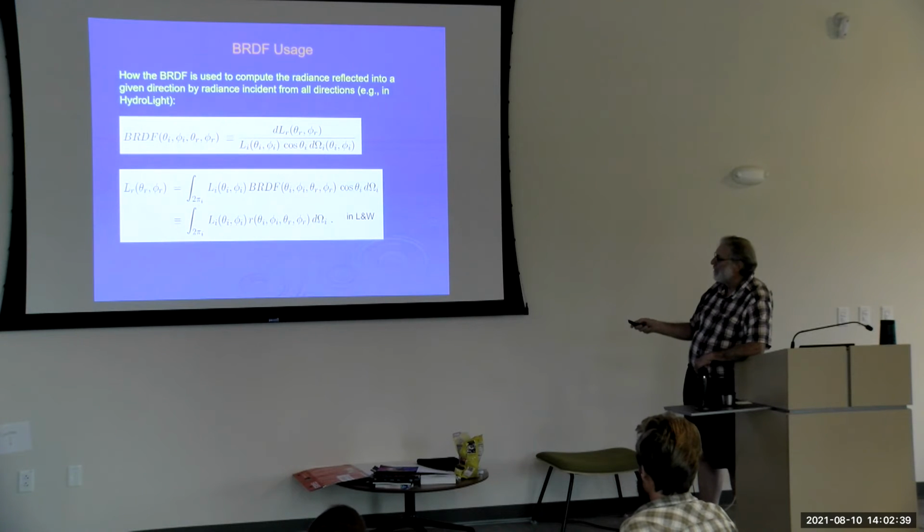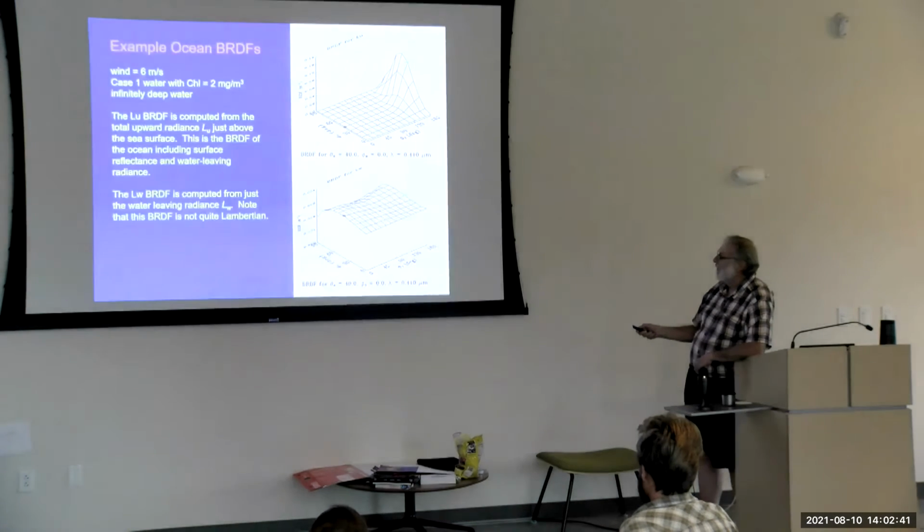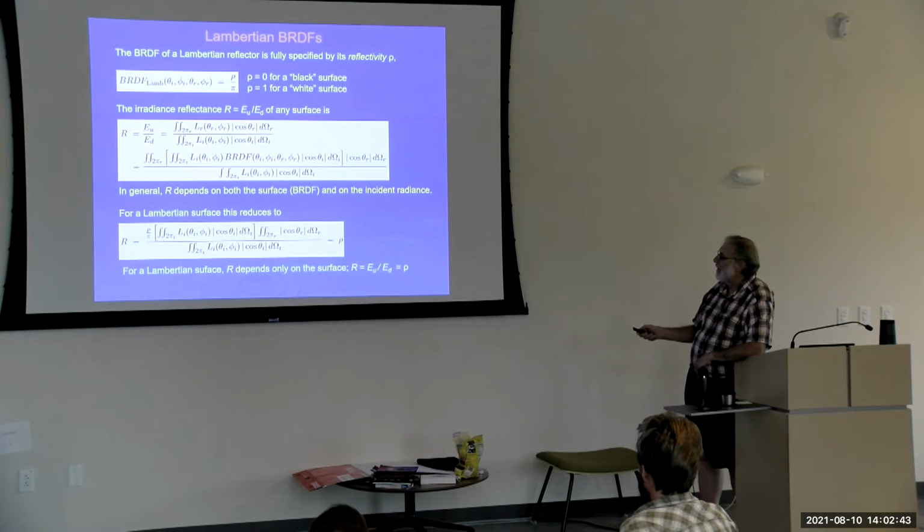So for the reflected radiance, I will plug in that equation. Here's reflected, and here's that integrated over all incident directions for the given reflected direction, and then integrated over all the reflected directions to get EU and ED.